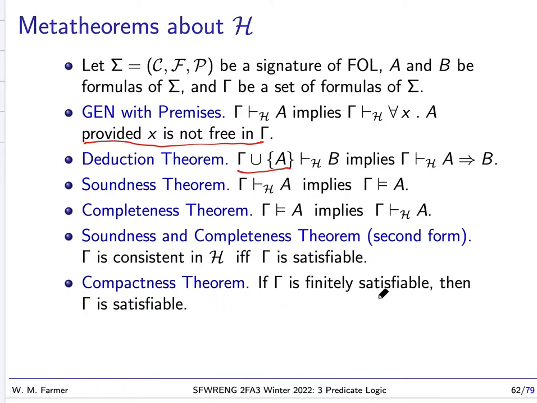It says if gamma is finitely satisfiable, then it's satisfiable. Finitely satisfiable means every finite subset of gamma has a model. So this is really only important when gamma is infinite. If gamma is infinite and we can show every finite subset of gamma has a model, then gamma must have a model. So these are all very important meta-theorems of H.